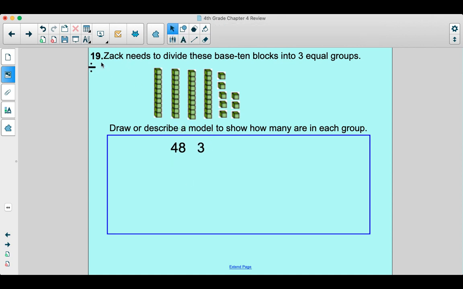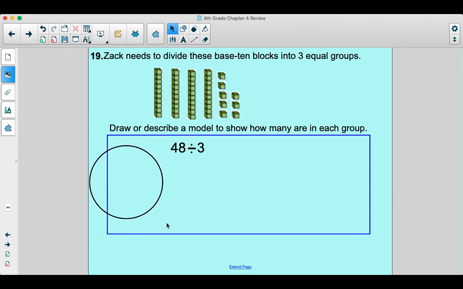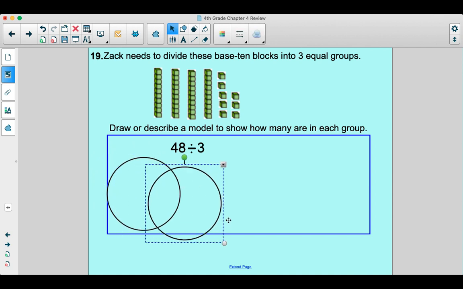All right, so now we have to describe or draw a model to show how many are in each group. All right, so let's do it. Whoa. Sometimes I get overzealous with my drawings here.